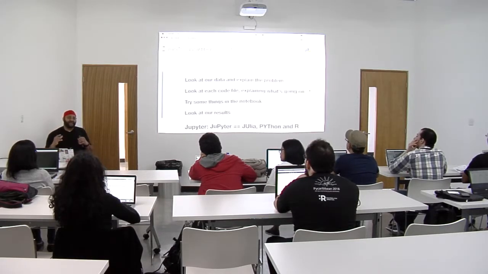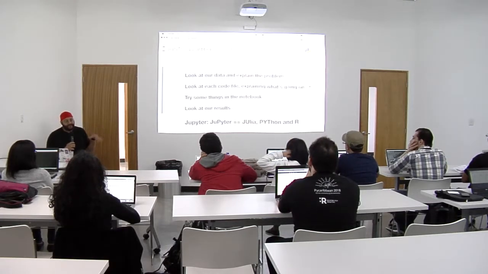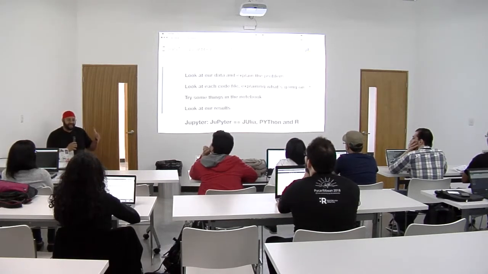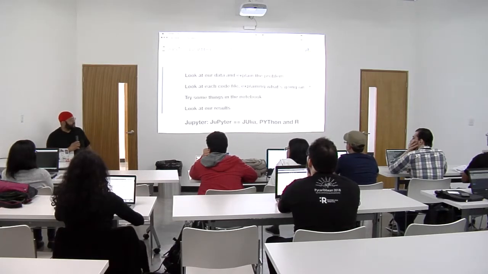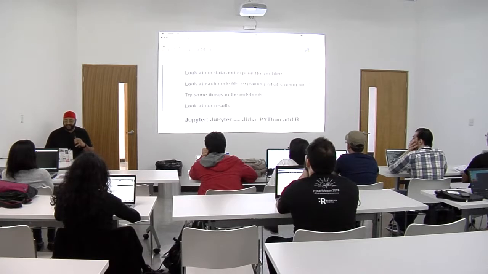The workshop is intended to be a beginner level workshop. So I'll be explaining what the different bits of Python do in each of these files, to make it clear what's going on, but also to explain how we're solving this problem. And then we'll try some things in the notebook. Like I said, with the Jupyter Notebook, you can just type live code into it and get results. That's a nice thing about it, especially as you're learning to code, and you can see the results live. So that's what we're going to do next.